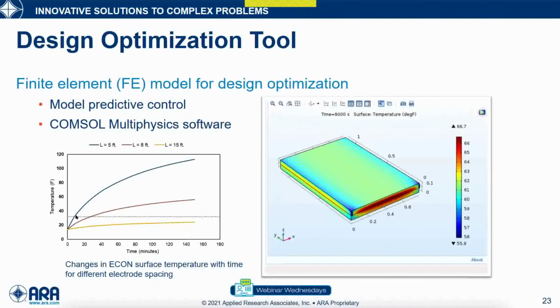When snow and ice hit the ECON slab or ECON surface, they melt right away. So if you have spacing between electrodes of 5 feet, 8 feet, or 15 feet, for example, with 15 feet you will not be able to achieve good heat generation. So you can play with all of these parameters to come up with a sufficient and good design.